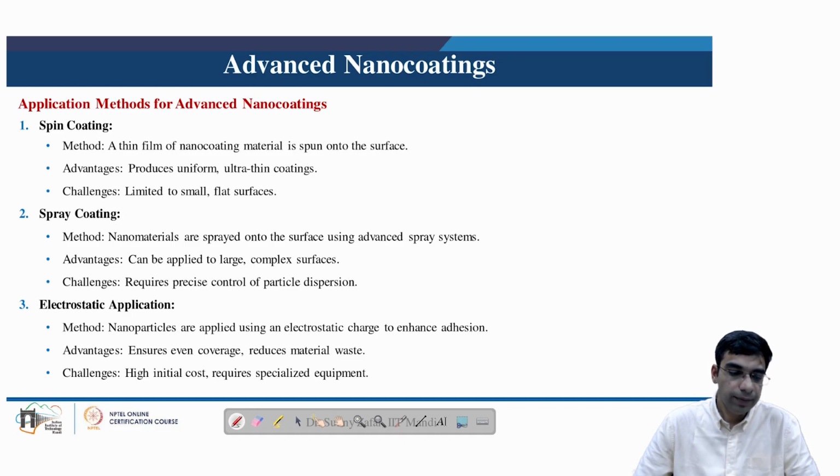Spray coating includes the application of nanomaterials being sprayed onto the surface using advanced spray systems. The advantage of spray coating is that it can be applied to large and complex surfaces. The challenges include precise control of particle dispersion.